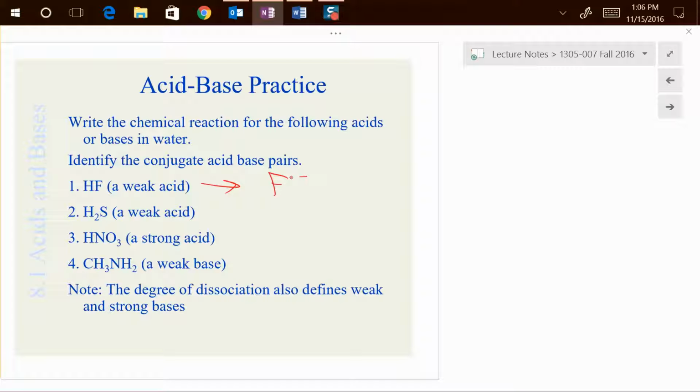So if this is a weak acid and I want to know the conjugate base of HF, that means this is an acid. I want to know the base of it, F minus. Okay? This is also a weak acid. What is its conjugate base? Does the base have more hydrogens or less hydrogens?